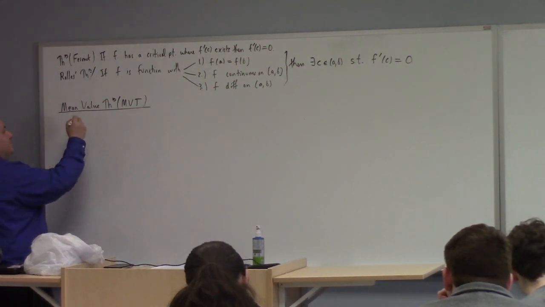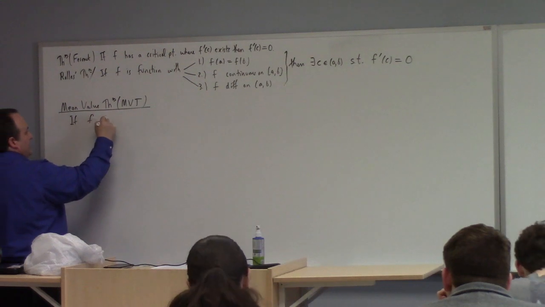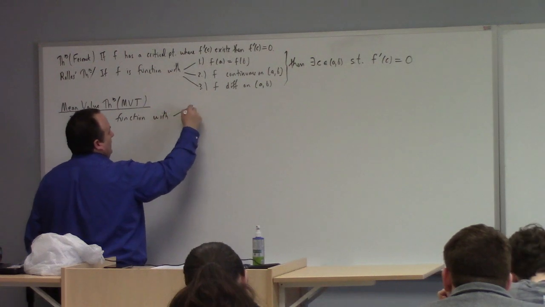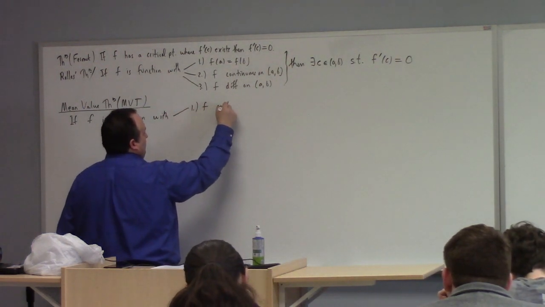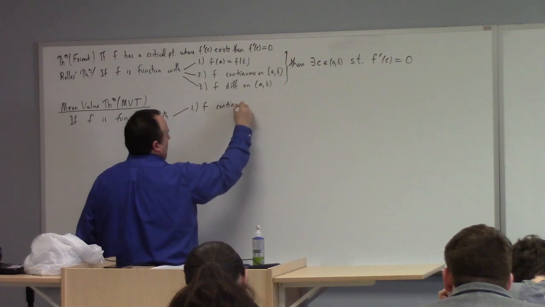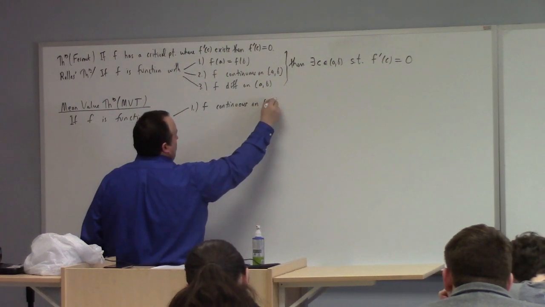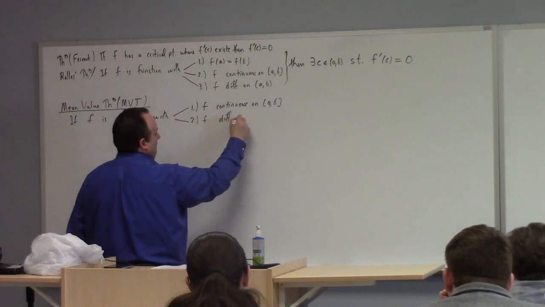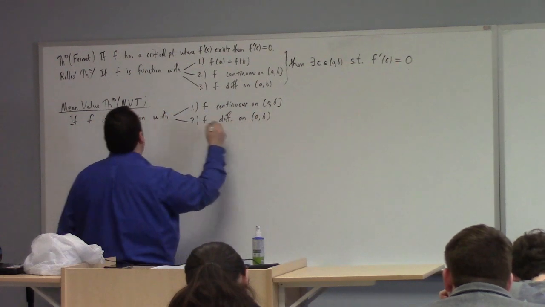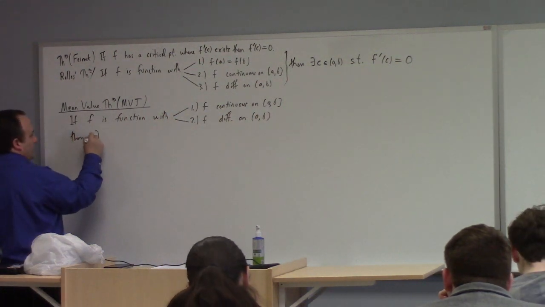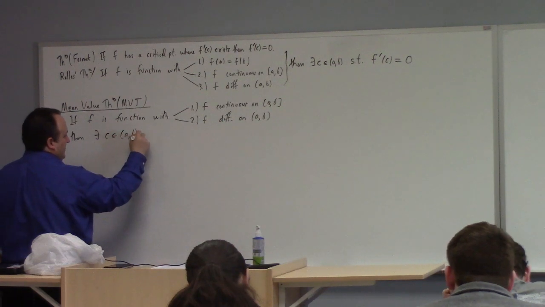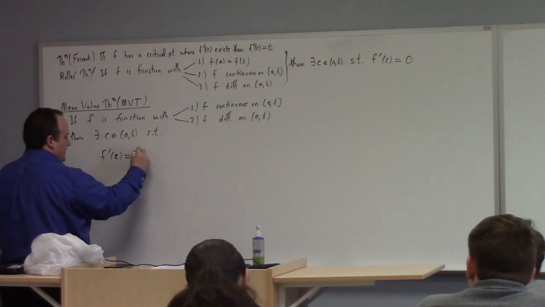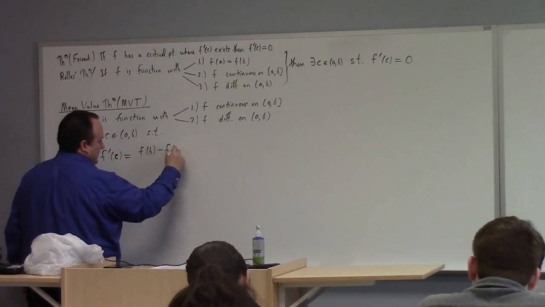So if f is a function with number one, f continuous on the closed interval from a to b, and number two, f differentiable on the open interval from a to b, then there exists c in the open interval from a to b such that f prime of c is equal to f of b minus f of a over b minus a.